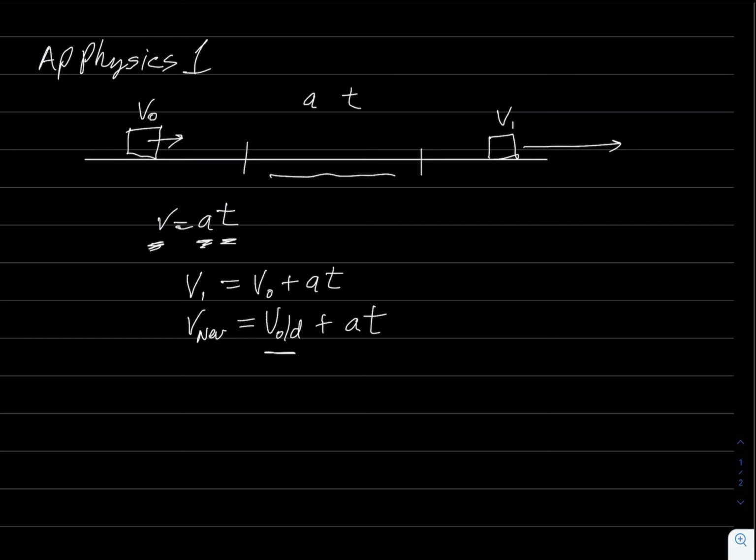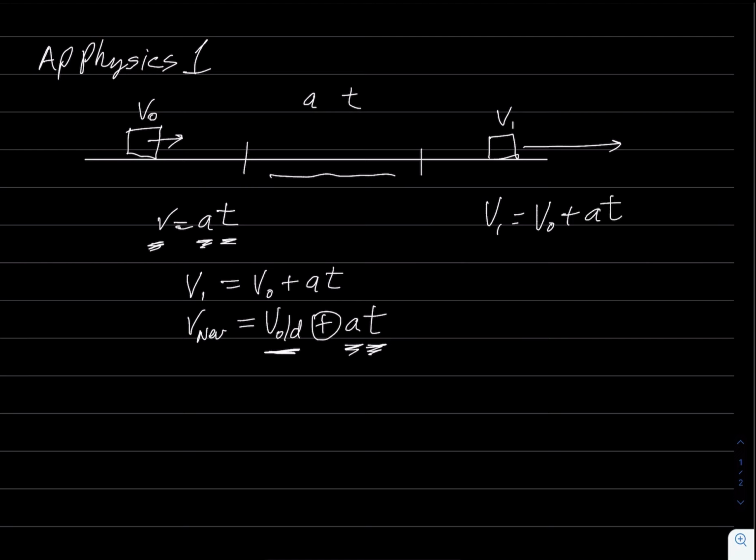So if you start out with a certain velocity and you undergo an acceleration for a certain amount of time, your new velocity will be the old velocity plus the component of the new velocity, which is acceleration times time. So this is our answer right here: v1 equals v0 plus at.